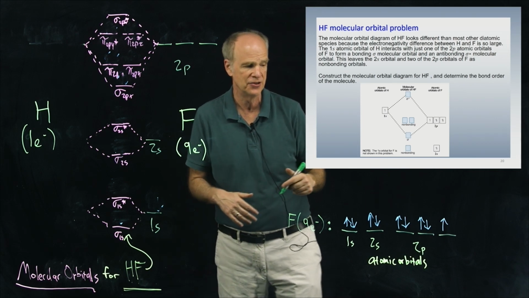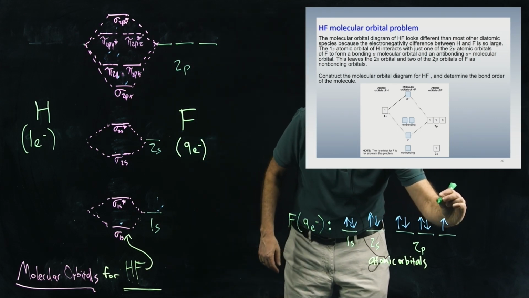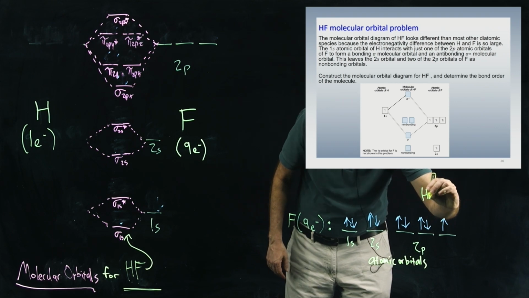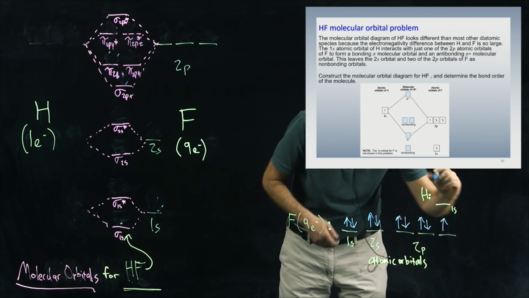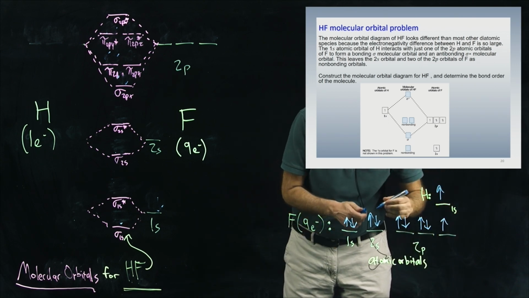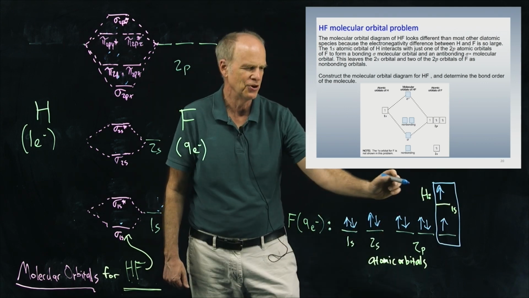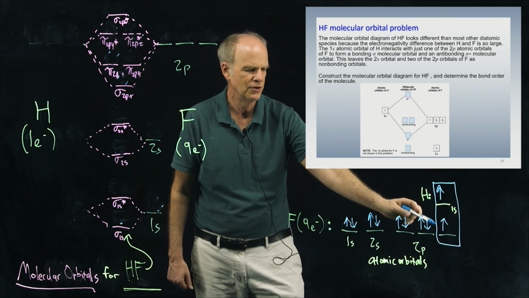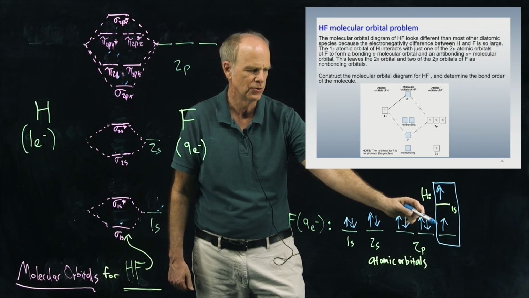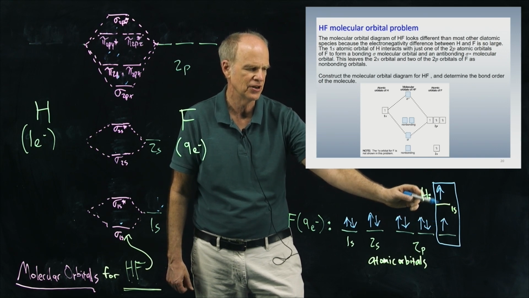And valence bond theory predicted that hydrogen, with its single 1s orbital and one electron, would form a bond with fluorine, where the 1s orbital would overlap with fluorine's 2p orbitals, and you would find the 2 electrons there.